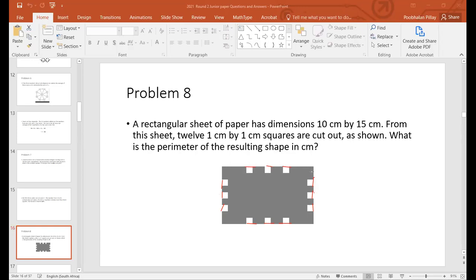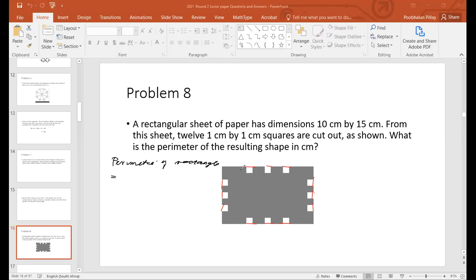Now the perimeter of the rectangle, we don't want the perimeter of the rectangle, but just for interest's sake, if we look at the perimeter of the rectangle, you add up all the edges, okay?